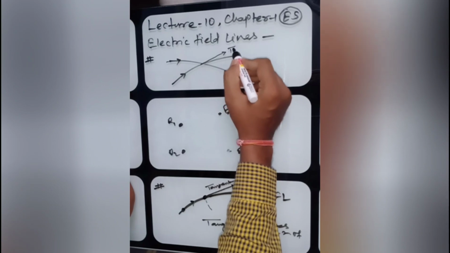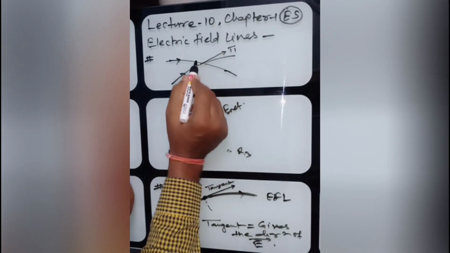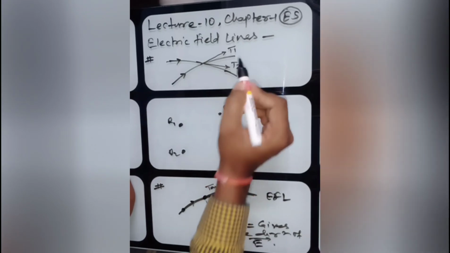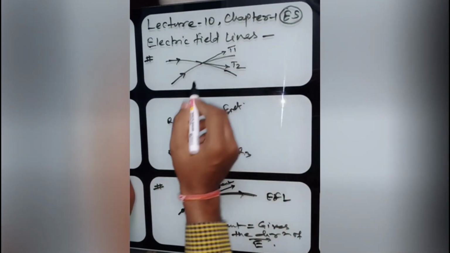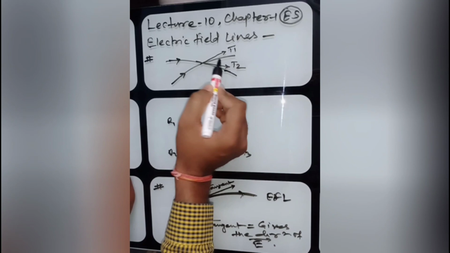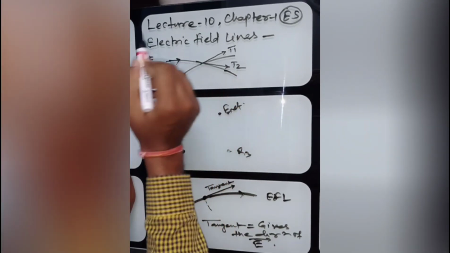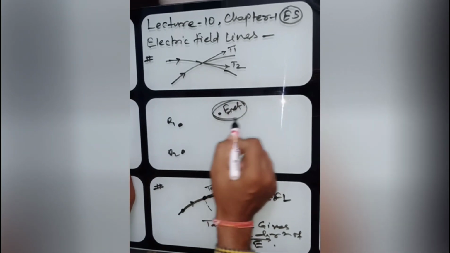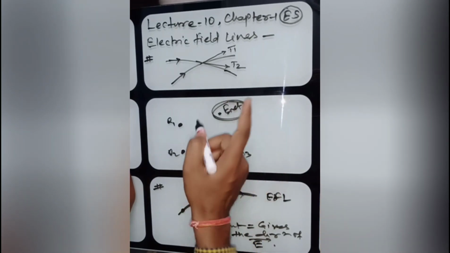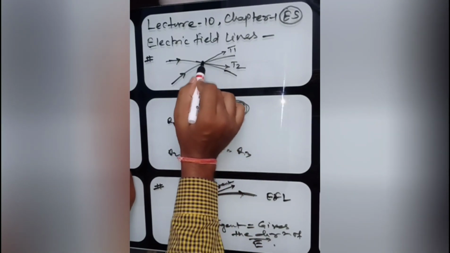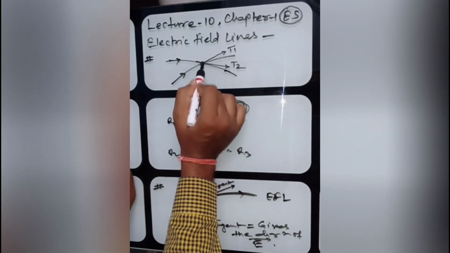Another tangent will be in this direction, tangent 2. Now we can conclude that if there are two tangents, there will be two directions, and we know that for one net field there must be one magnitude and one direction. Then how is it possible to have two directions at a point? It is not possible.